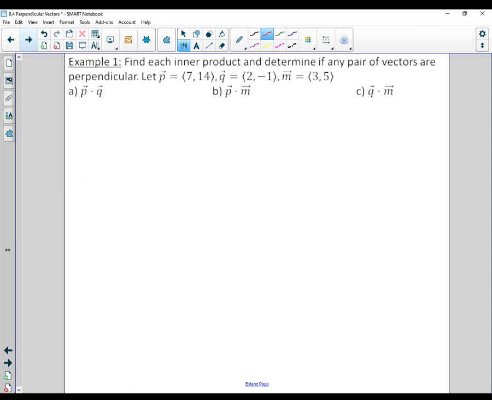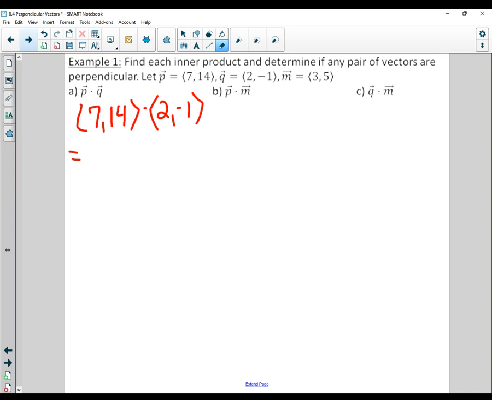Example 1, find each inner product and determine if any vectors are perpendicular. Well, P is 7, 14 times Q, which is 2, -1. So if we do that, we do 7 times 2, which is 14, or maybe I'll write the first one all the way out. 7 times 2, then we add 14 times -1.